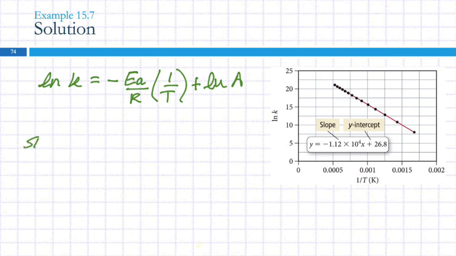So the slope equals negative EA over R. So if I multiply both sides by R and multiply both sides by negative 1, I come up with the activation energy is equal to negative slope times R.